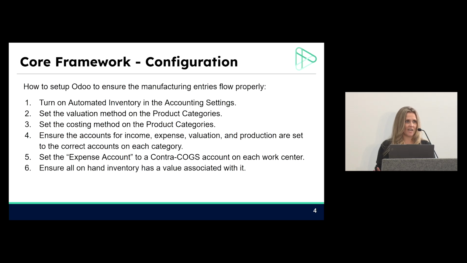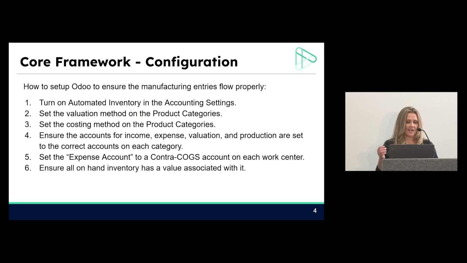So core framework, kind of the configuration. If you want to make sure that you're getting all of your journal entries and everything flowing through to the accounting properly, the first thing you're going to want to do is turn on your automated inventory in your accounting settings. Once you have that turned on, you will get the option to set perpetual inventory on your product categories. From there, you can set the costing method.